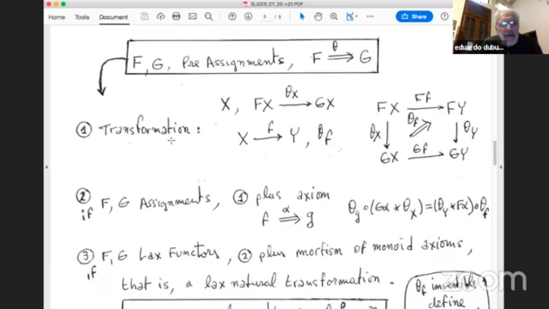A transformation, this is the concept corresponding to pseudo-natural transformation, or lax transformation. A transformation is as illustrated here. It's the same as when you write down what a lax transformation between lax functors would be.